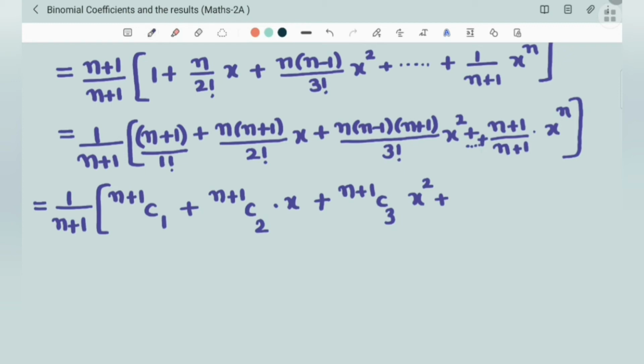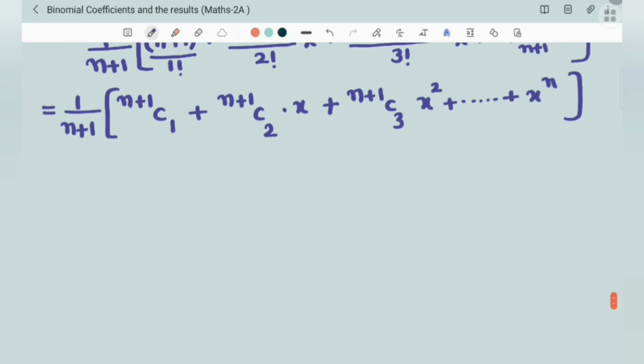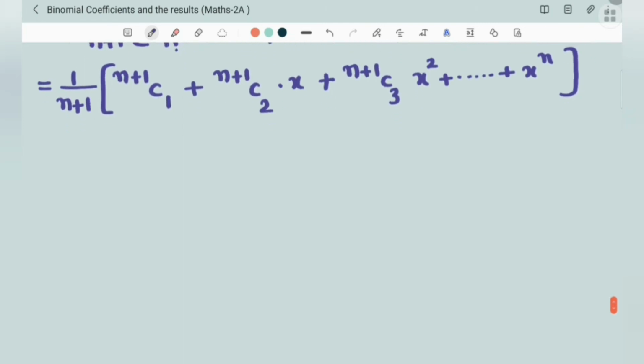Otherwise we can do it like this, which is better. n plus 1 by n plus 1 into x power n, plus and so on. We can write it this way. n plus 1 anyway cancels, no? So you will get only x power n. In the next step, here we are multiplying and dividing by x.